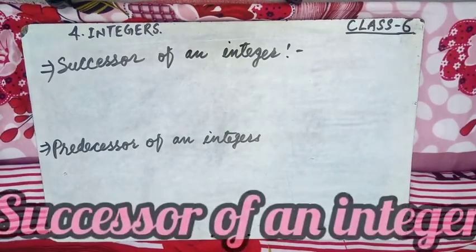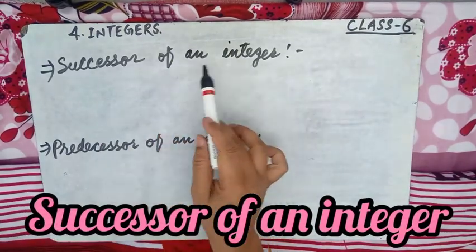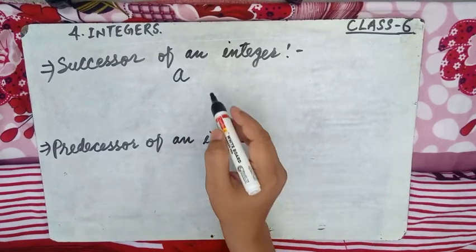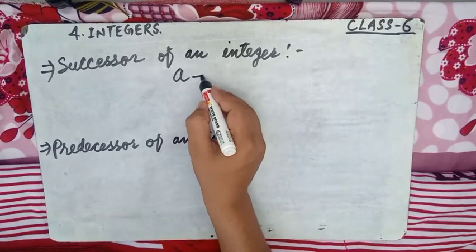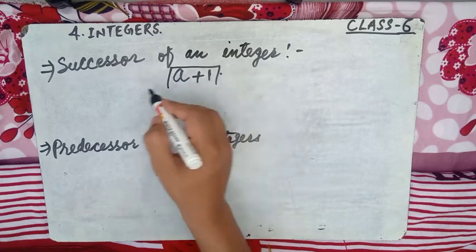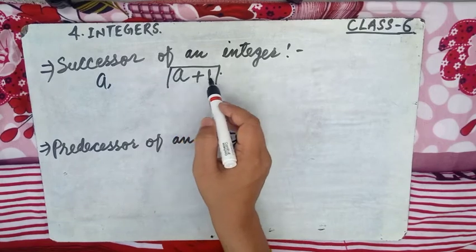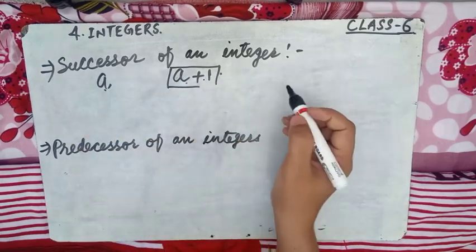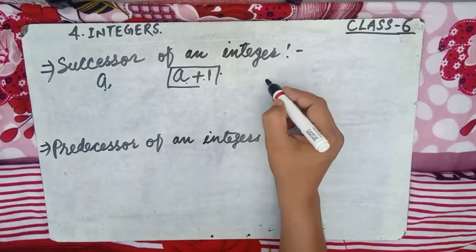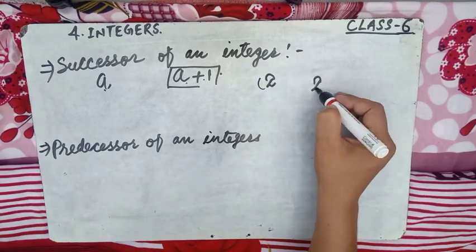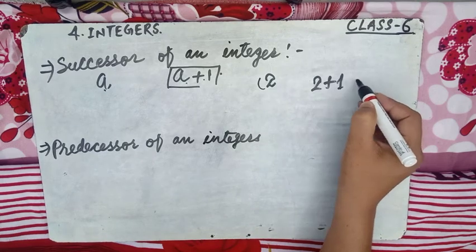Now friends, successor of an integer. Suppose a is an integer and 1 is added to a. This a plus 1 is called the successor of the integer a. See with the help of an example: suppose 2 is an integer, then the successor of 2 is, we have to add 1 to this number, which becomes 3.